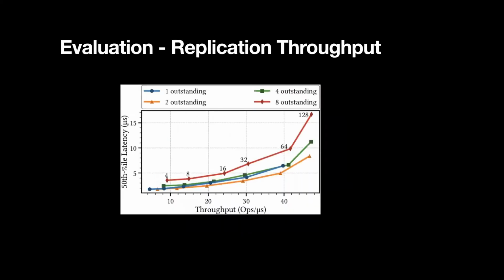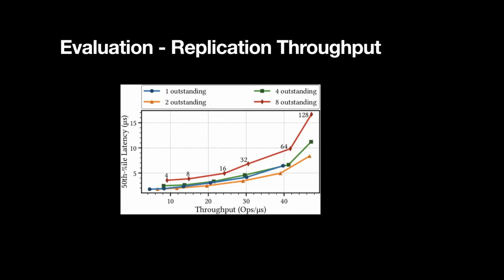Finally, let's look at the replication throughput. They have compared the replication throughput by varying the batch size of the request, and also varying the number of outstanding requests. As the batch size and the outstanding requests increase, the throughput increases, but the latency increases as well.